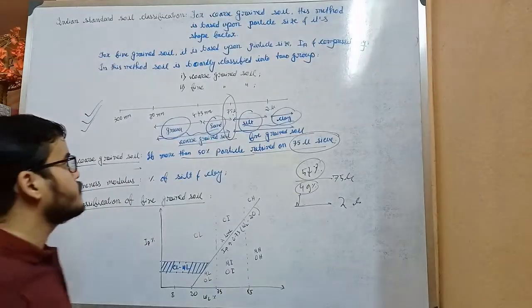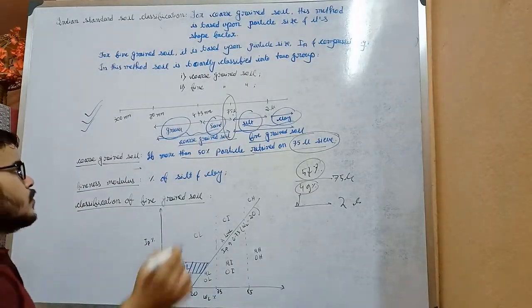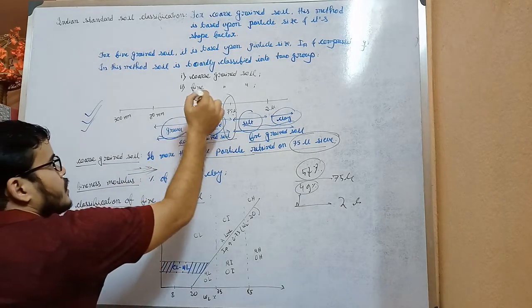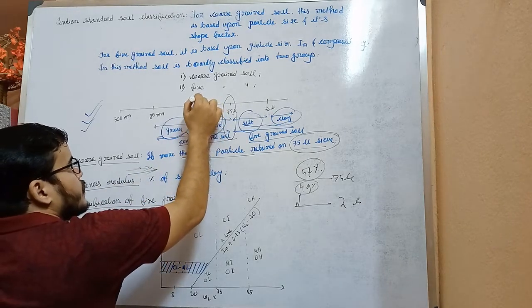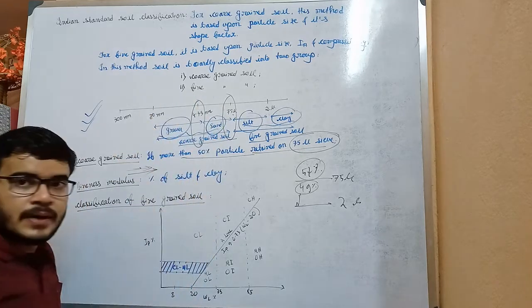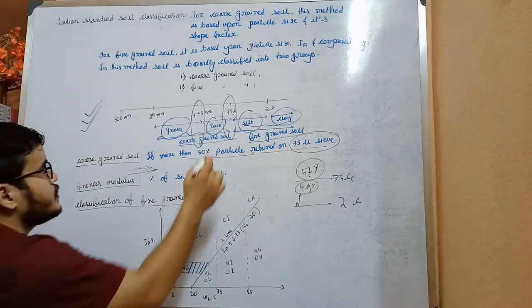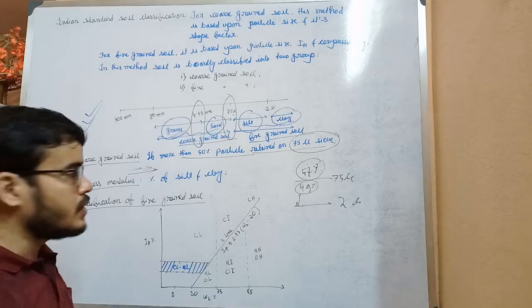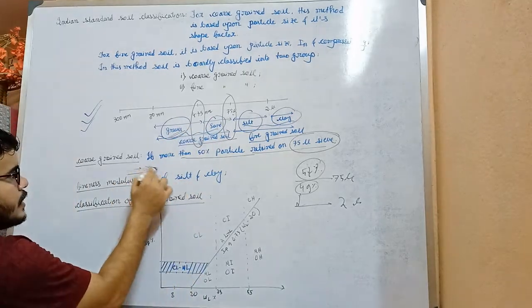Okay, and now write the note here. If more than 50% soil retained on 4.75 millimeter sheet, then it is called as a gravel, otherwise it is a sand. Okay, write that line here.